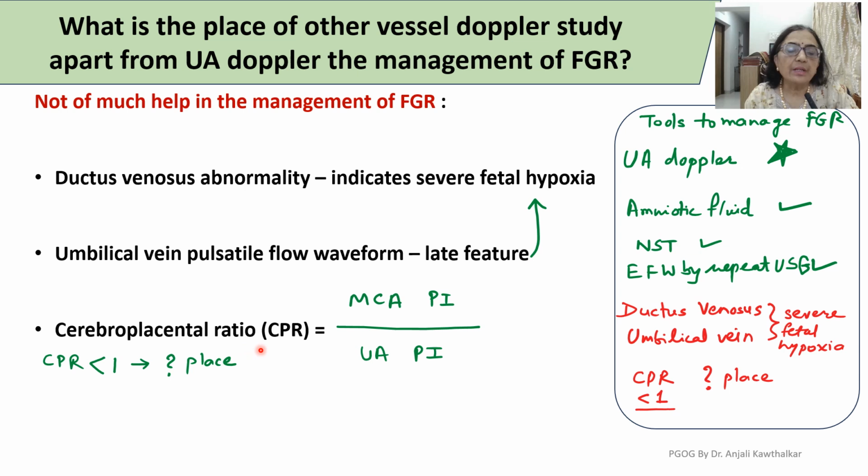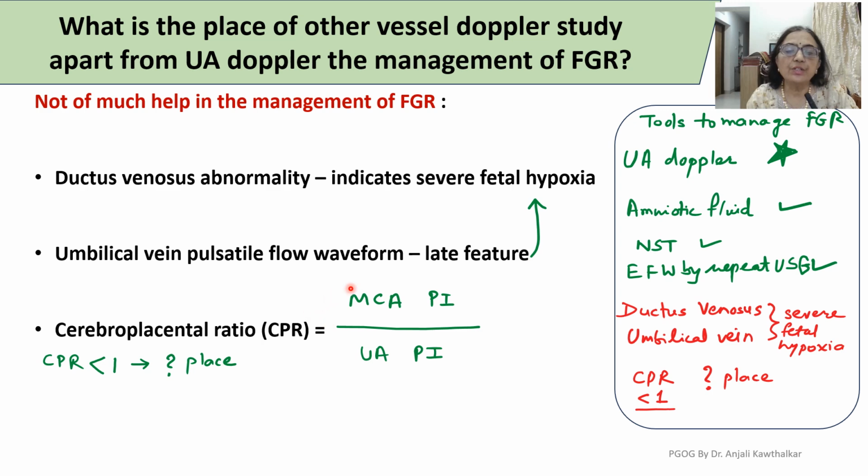The cerebroplacental ratio, which is usually done in these babies, is the ratio of the middle cerebral artery pulsatility index divided by the umbilical artery pulsatility index. Initially, whenever there is fetal growth restriction, there is a brain sparing effect, so there is an increase in middle cerebral artery blood flow. But with increasing severity of fetal growth restriction, the middle cerebral artery blood flow also reduces.